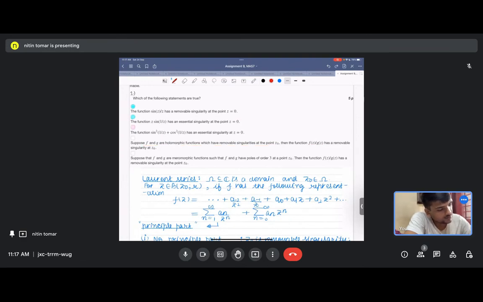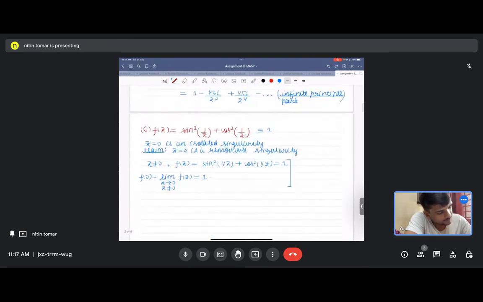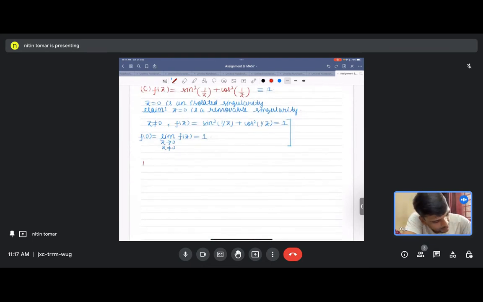So let us see. Consider these two functions, f(z) as z and g(z) as z square. So these are analytic functions, right? These are actually entire functions.